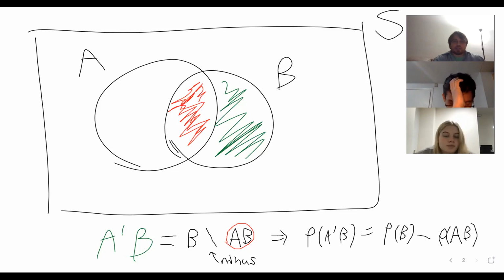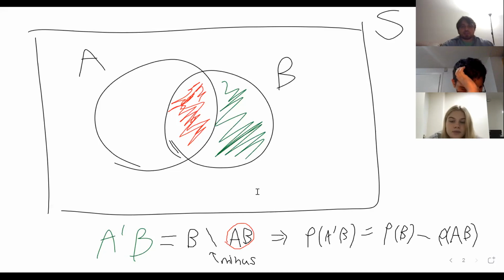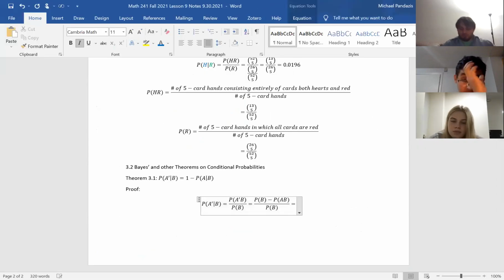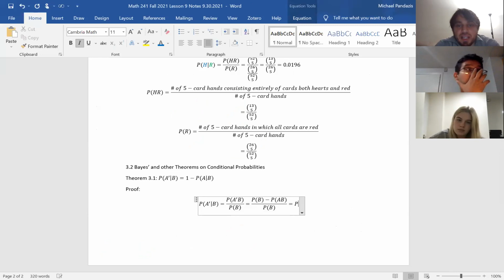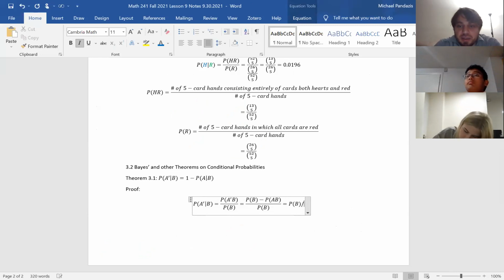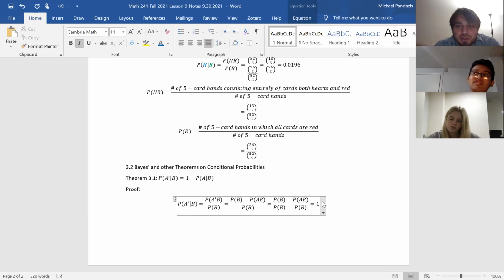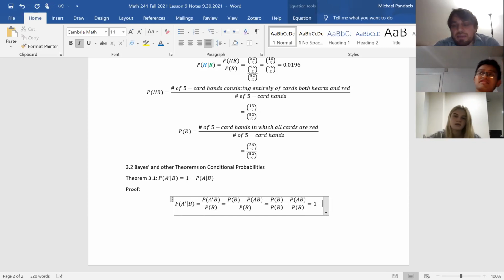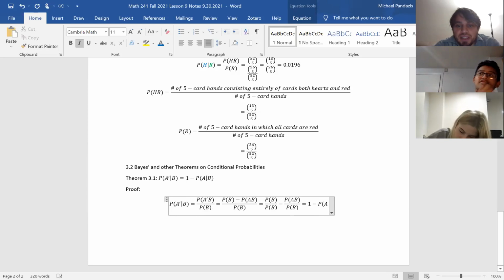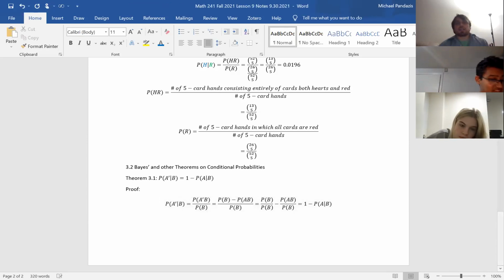Okay, and so that's the numerator over here. So you just replace the numerator with that expression. And so now you divide, and so you get P of B divided by P of B minus P of AB divided by P of B. Okay, and then, well, P of B over P of B is 1, minus, well, P of AB over P of B is the probability of A given B. And that's it.